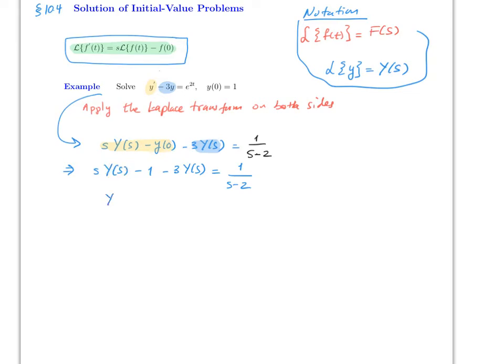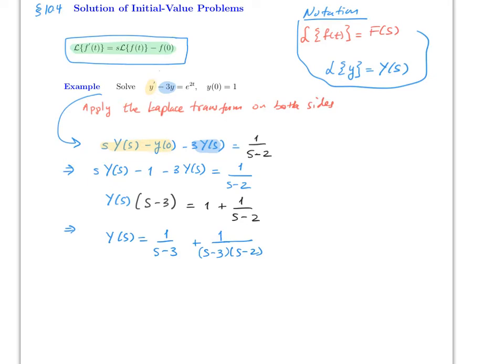So we will have Y of s times s minus 3, and then we're going to move this to the other side, so this will be equal to 1 plus 1 over s minus 2. Then if we solve for Y of s, we end up with 1 over s minus 3 plus 1 over s minus 3 times s minus 2.